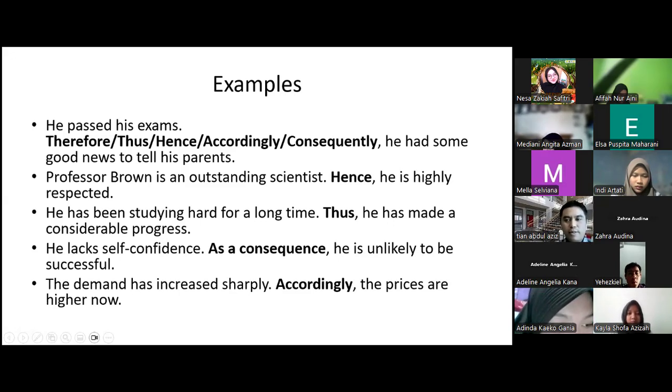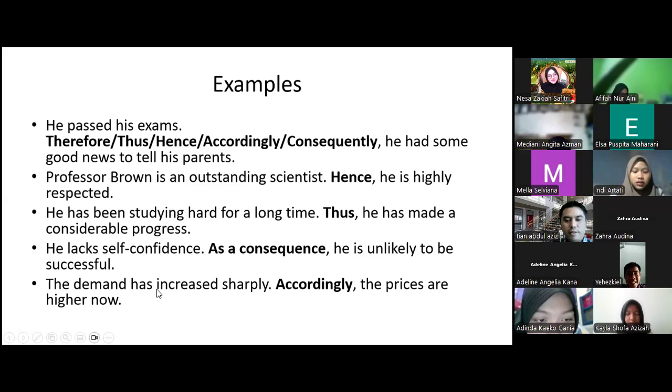Okay. Last one, Adinda. The demand has increased sharply. Accordingly, the prices are higher now. Don't read the G, just pronounce higher. Higher now.